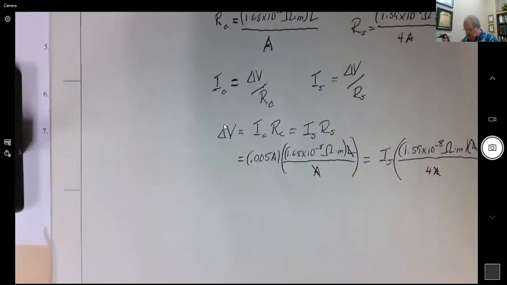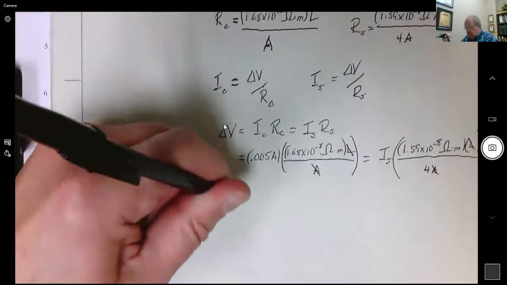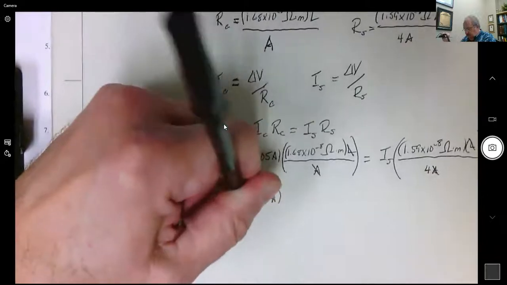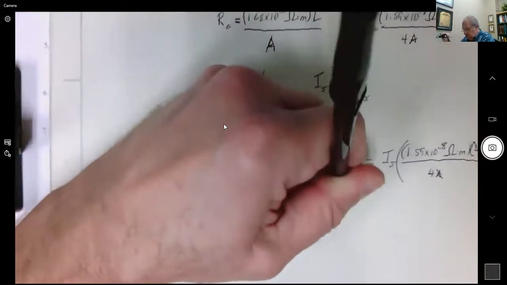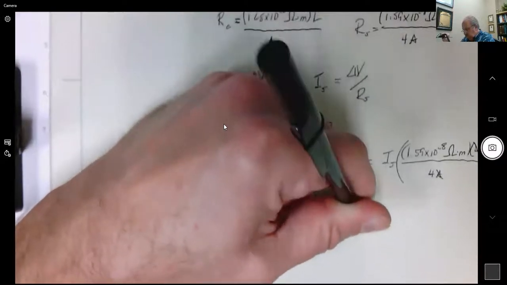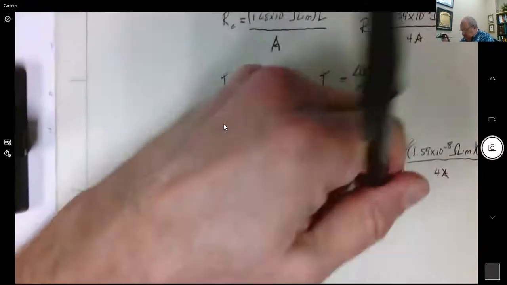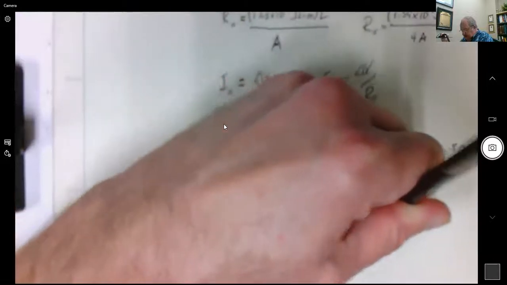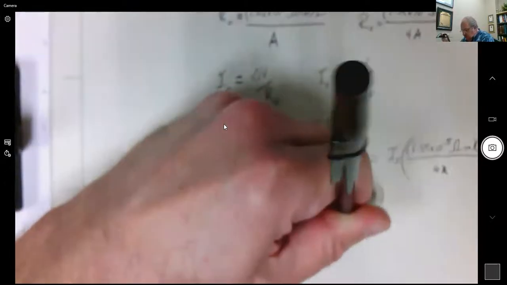And so if we solve for I sub S, then that's just going to be the left-hand side of the equation times 4 divided by 1.59 times 10 to the negative 8 ohm meters.